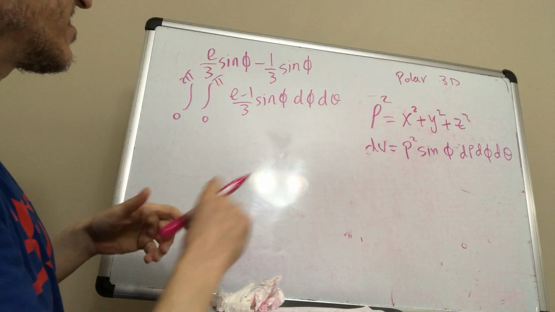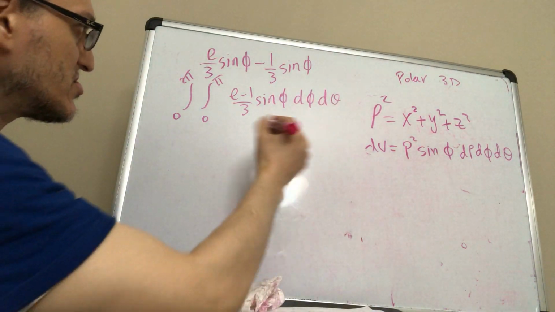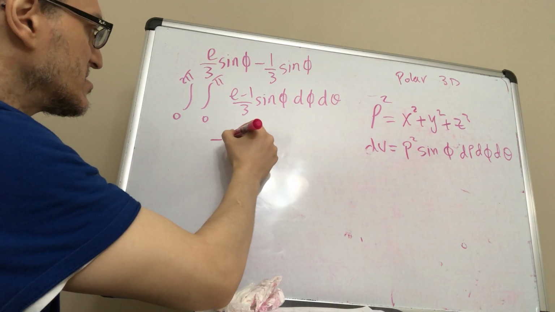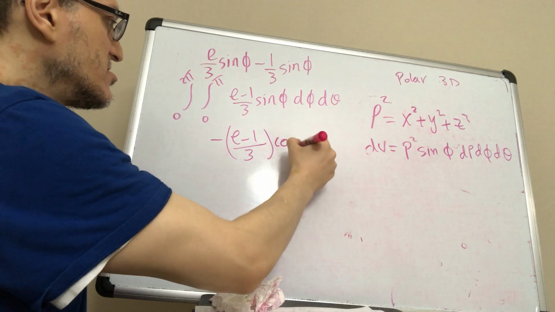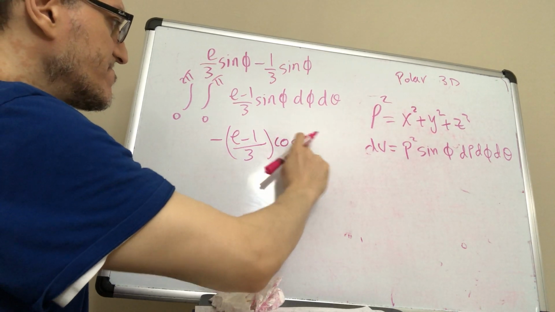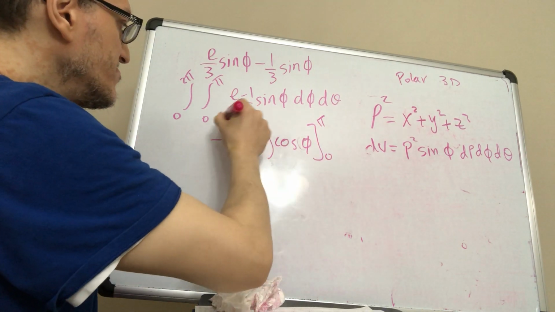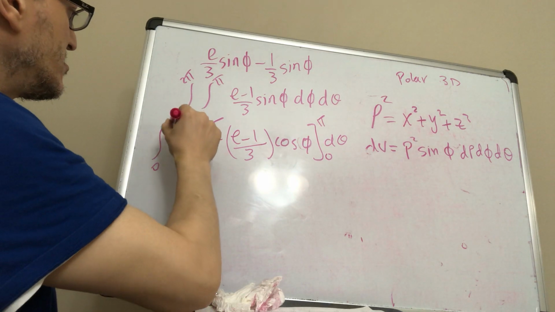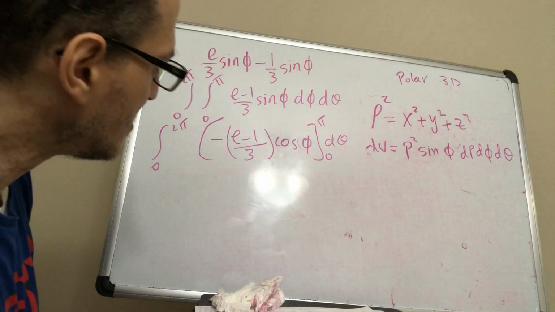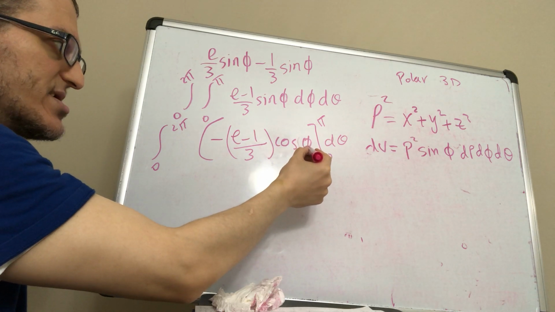Okay, the integration of sine would be minus cosine, so minus cosine phi, and we put pi and 0, and we're still integrating the result from 0 to pi. You put the pi, cosine pi is minus 1.